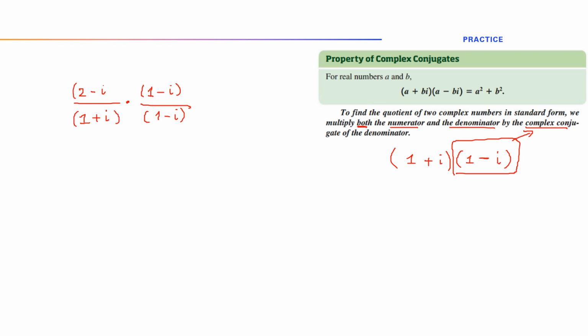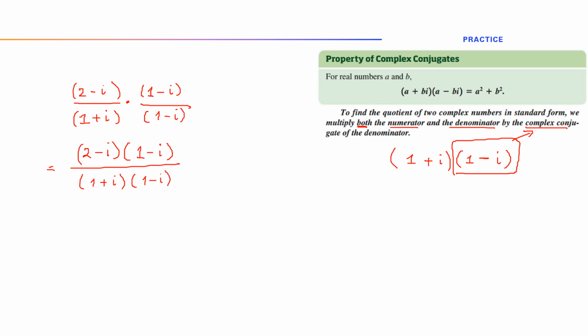For multiplication of fractions, we multiply numerator by numerator. So we multiply 2 minus i times 1 minus i. That's the numerator. The denominator will become 1 plus i times 1 minus i.